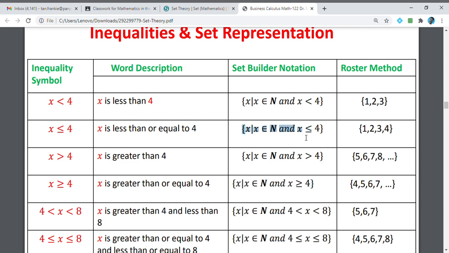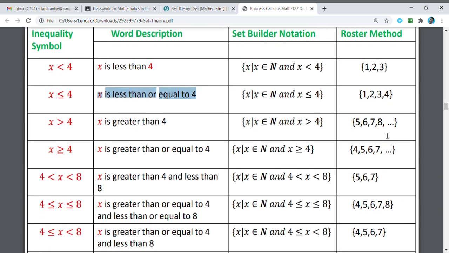This is read as the set of all x such that x is an element of natural number and it's less than or equal to 4. In the roster method, you list the elements or members of this description. So, we have 1, 2, 3, and 4. As simple as that. Okay?